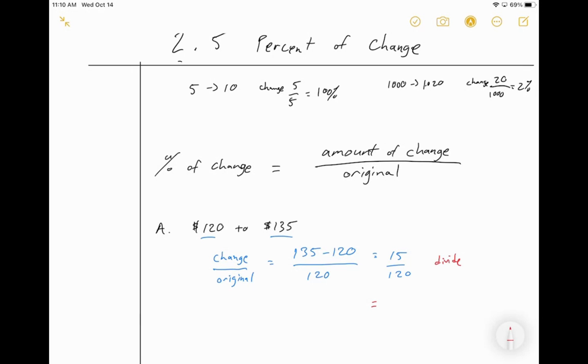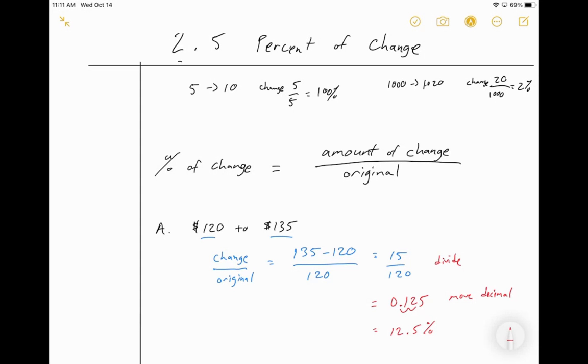All right. So you get 0.125. Now remember, to change a decimal to percent, we're going to move the decimal over 2 places to the right. So this is actually 12.5%.